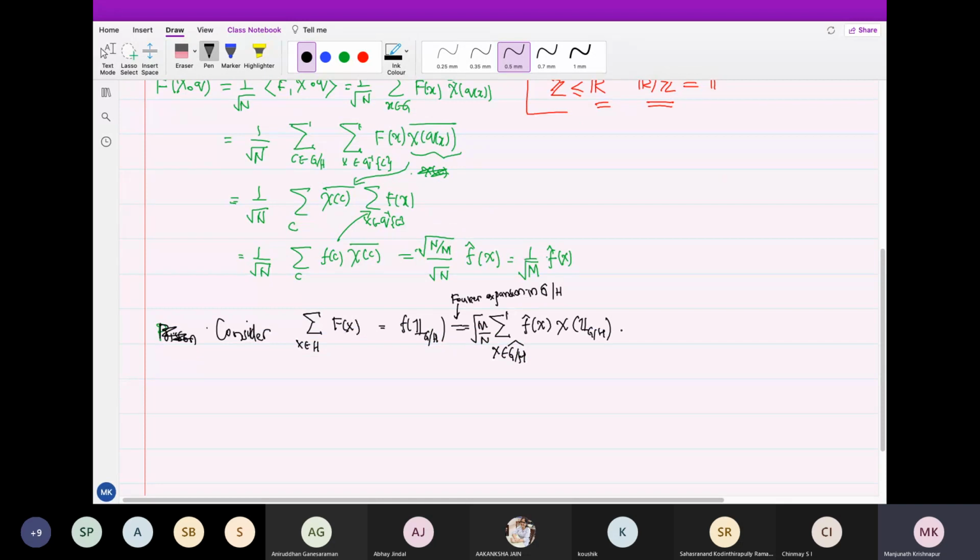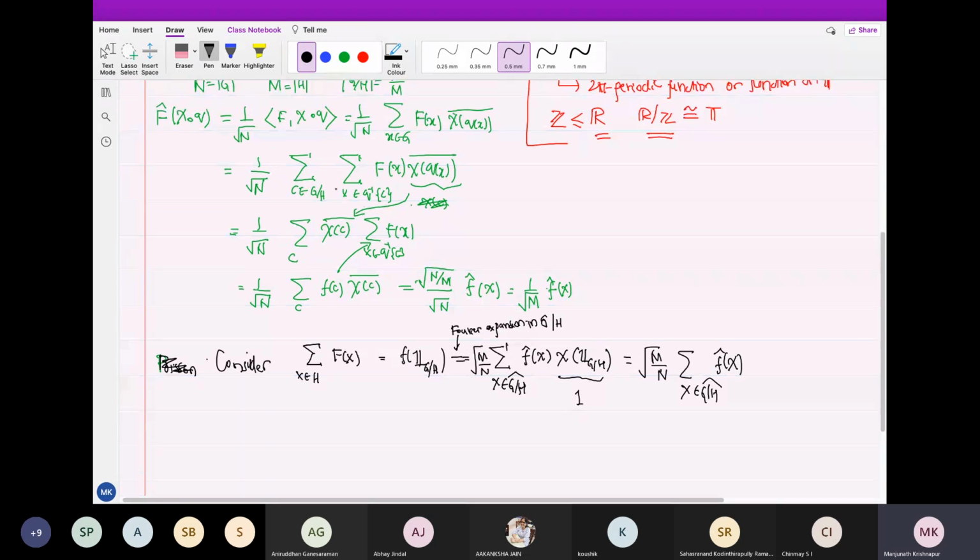It's just 1, right? Any character is a homomorphism, it takes identity to 1. So we get square root of m over square root of n times the sum over all chi in G mod H of small f hat of chi.